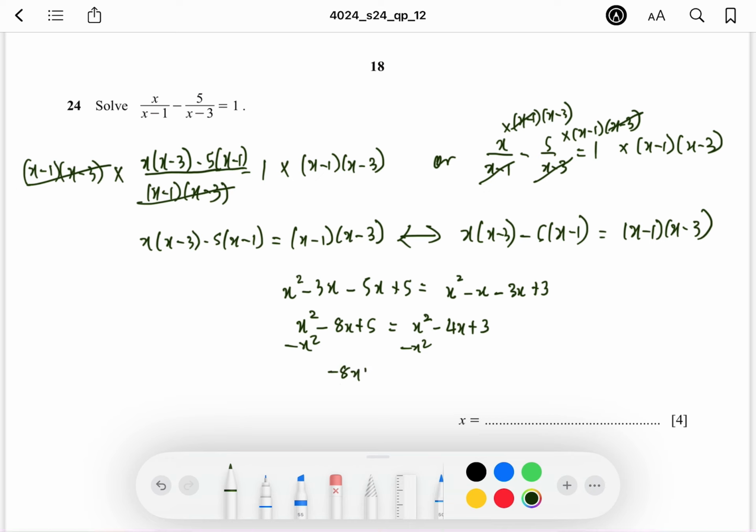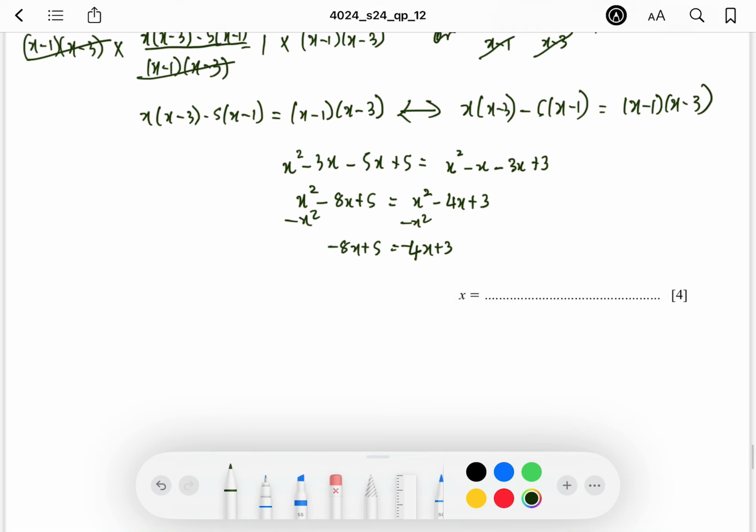Tinggal right, plus 4x both sides, minus 5 both sides, divided by minus 4 both sides.